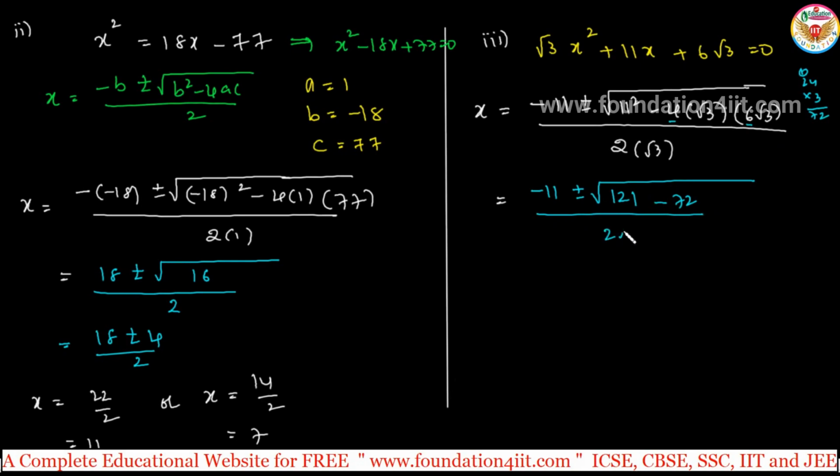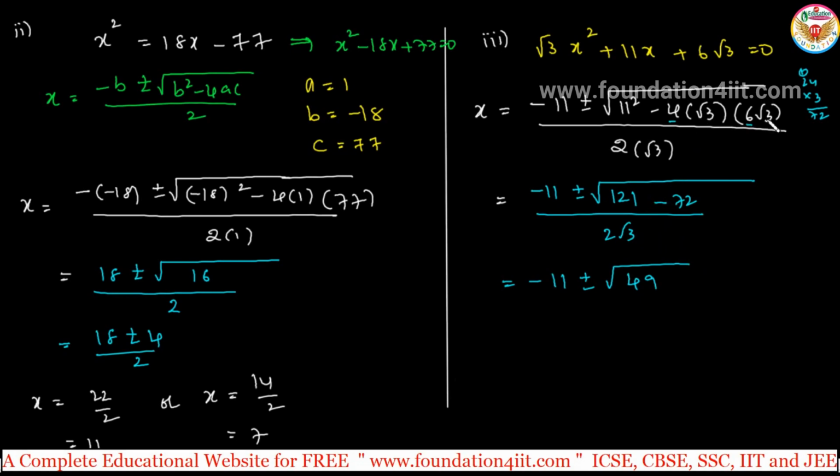Divide by 2 root 3 again. Minus 11 plus or minus under root this one 121 minus 72 is 49. 4 into this all we got, no, root 3 into 3 is 3, 4 into 6 24 into 3, this will got 72. Just normal calculation you can apply.